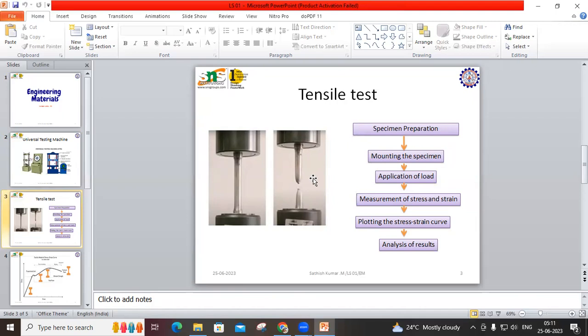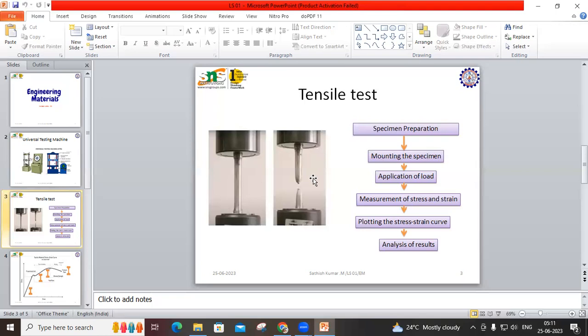In a tensile test, a specimen of specific shape and dimensions, usually a cylindrical or rectangular bar, is subjected to an increasing uniaxial tensile force. The specimen is gradually pulled apart along its longitudinal axis until it fractures. It's a beautiful test where you can see a material get elongated and there comes a point where it breaks.